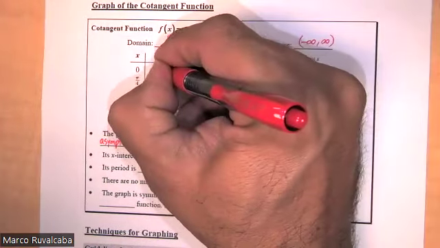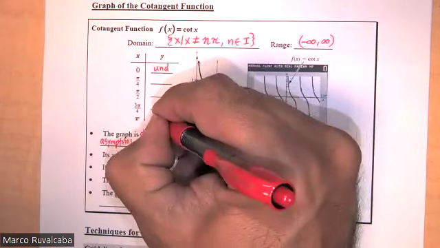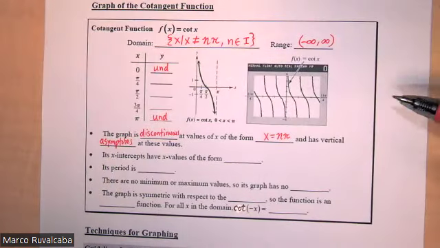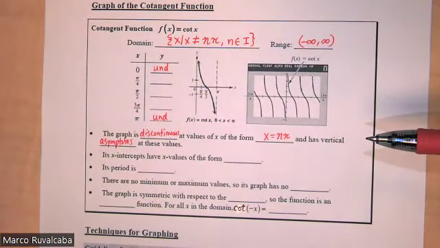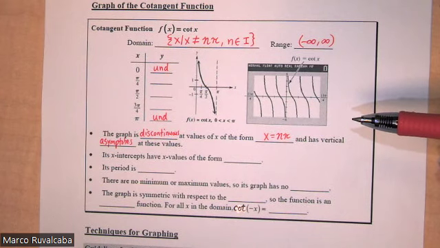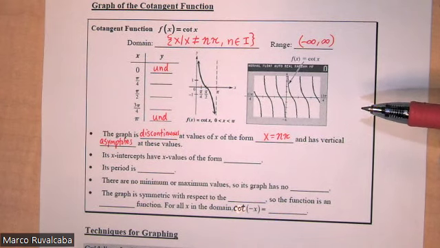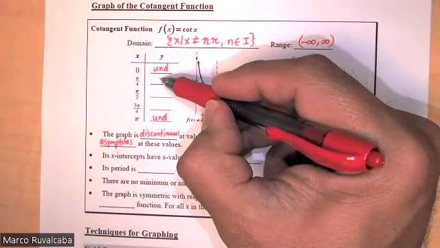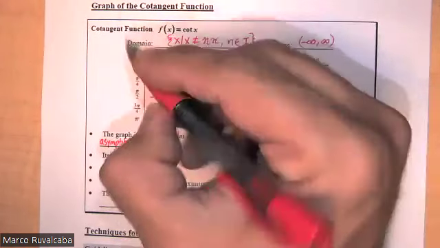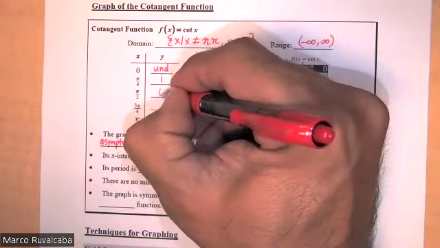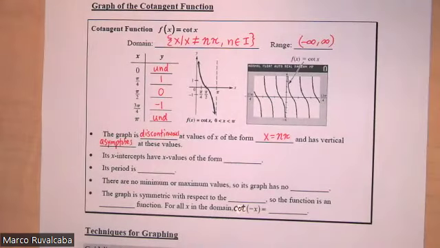Again, the values at the corners are undefined for this one. Since cotangent is the reciprocal of tangent, we reverse the values that we got before. Before for tangent, we had negative 1, 0, 1. So for this one, it's going to be positive 1, 0, negative 1.